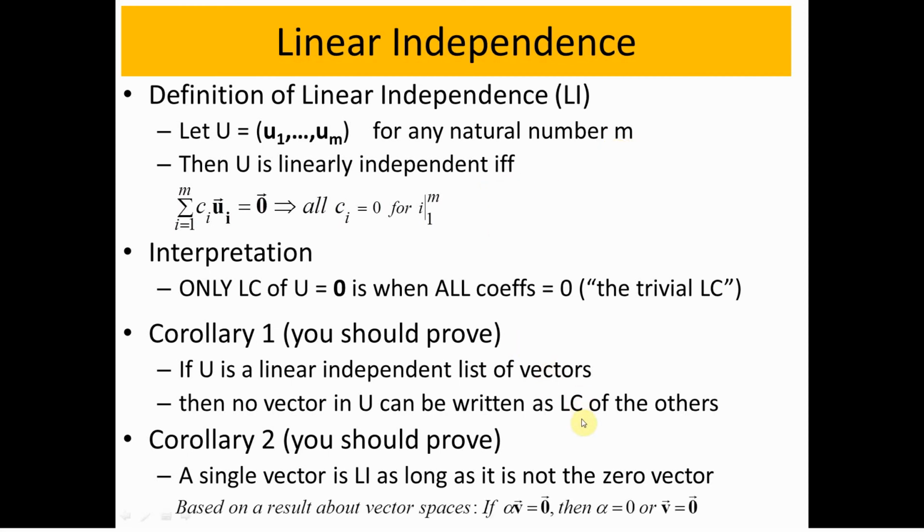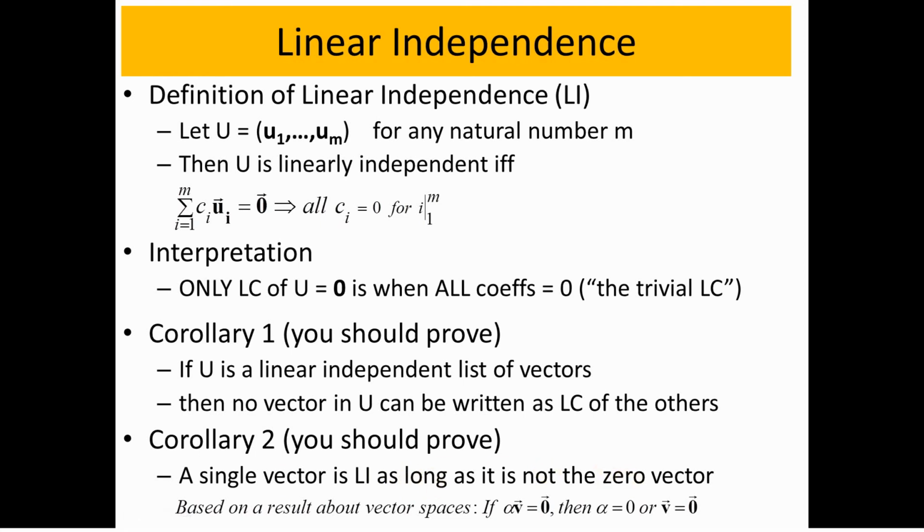And formally, to do this proof, we have to use a result about vector spaces, which we didn't prove, but it follows as a consequence of the definition of vector space, which is that if a scalar times a vector is the zero vector, then either the scalar has to be 0 or the vector has to be the zero vector. So using this fact and the definition of linearly independent, we can prove that a single vector is linearly independent as long as it's not the zero vector.